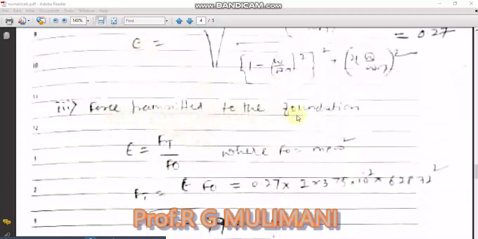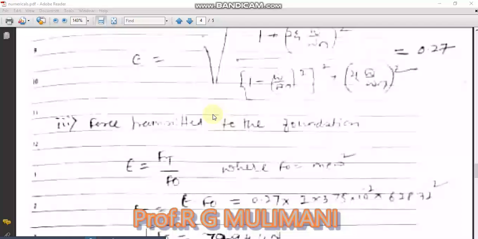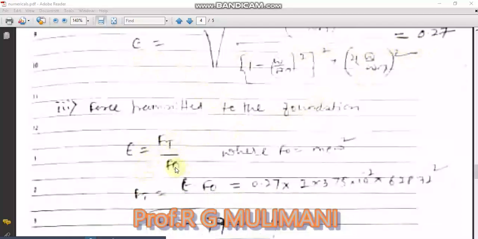Similarly, the force transmitted to the foundation. We know the relationship between transmissibility and the force transmitted. Epsilon equal to transmissibility, calculated here as 0.27. Epsilon equal to Ft by F naught. F naught can be calculated by m omega square e, where m is the mass of the reciprocating part, not the total mass, e is the eccentricity, and omega is the frequency.